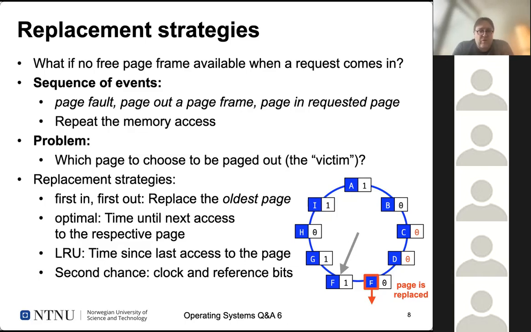So we're trying to approach something like optimal strategies, and one way to do this was least recently used, so LRU. So here we check which of the pages has been least recently used, so which actually is not the oldest in memory, as with first in, first out, but we actually store access times.